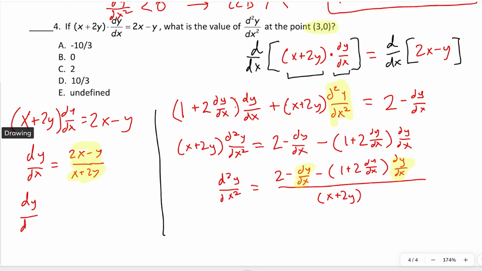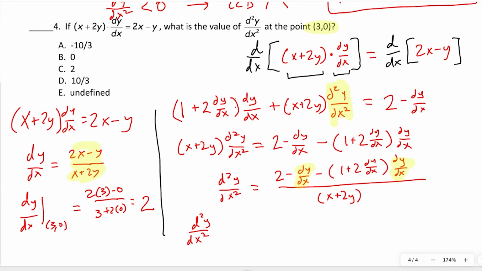So the first derivative at (3, 0) is going to be 2 times 3 is 6. Here, I'll just write it all out. 2 times 3 minus 0 over 3 plus 2 times 0. So that's going to be 6 divided by 3, so that's going to be 2. So now I can go in and substitute all these values into this second derivative equation. So we want the second derivative at (3, 0).